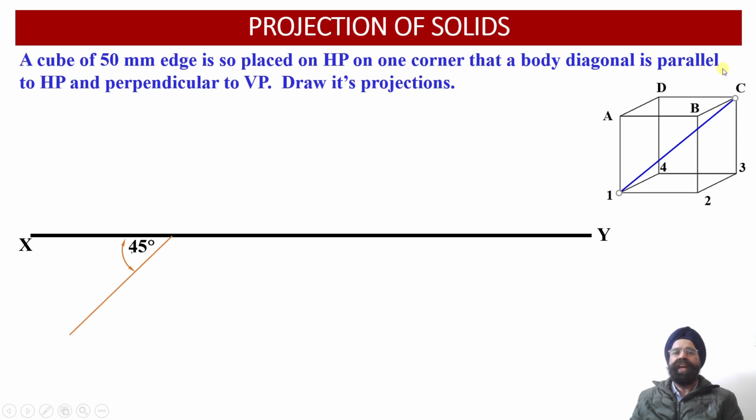That is, we are going to tilt this cube with respect to the horizontal plane in such a way that this body diagonal should become parallel to the horizontal plane in the first iteration.